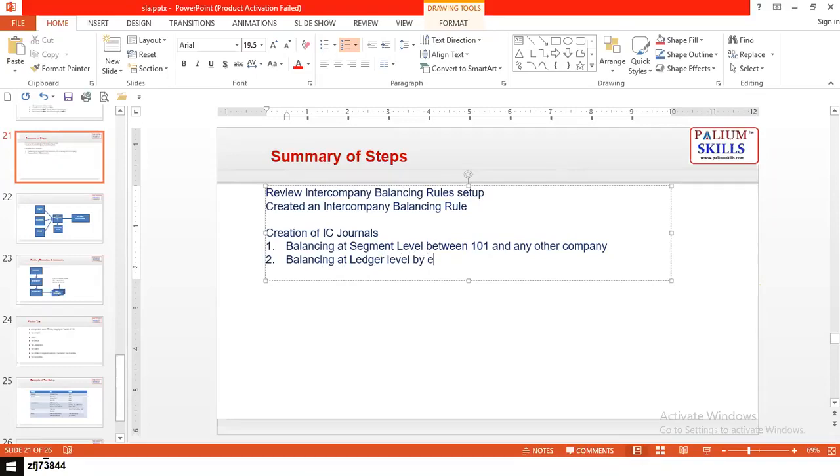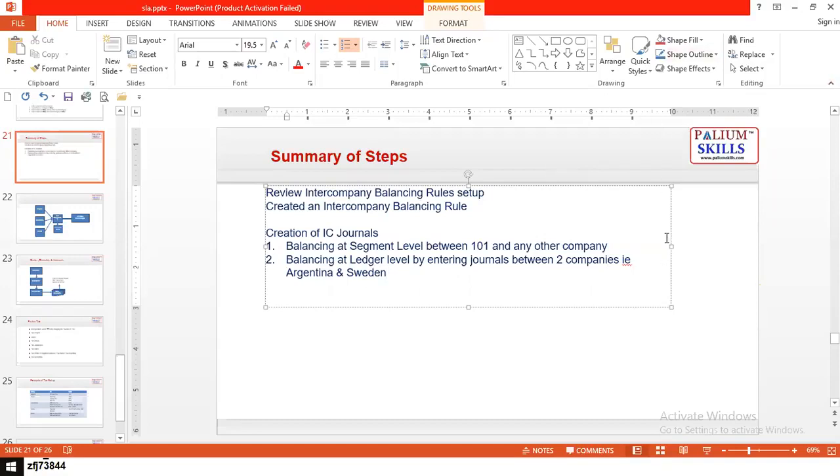By entering journals between two companies, right? So we picked up Argentina and Sweden, or any other country that you wish to.